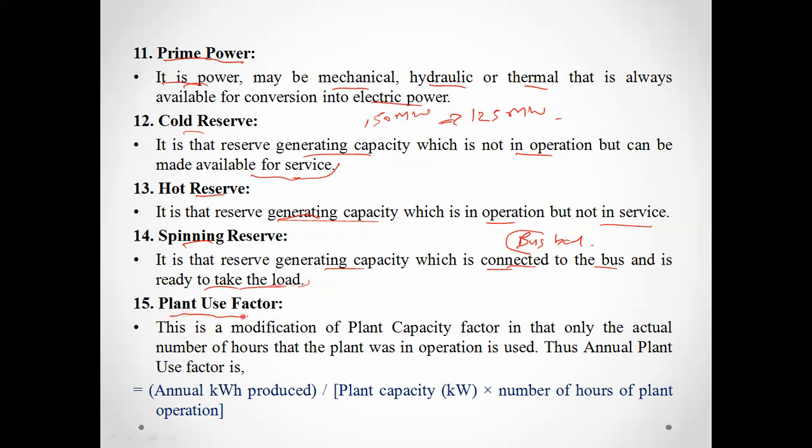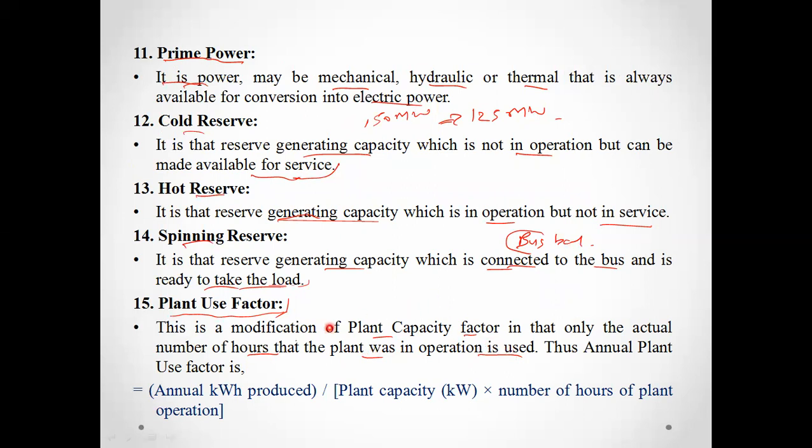And last, the plant use factor. This is a modification of the plant capacity factor, which we have already seen. Here the actual number of hours that the plant was in operation is used.